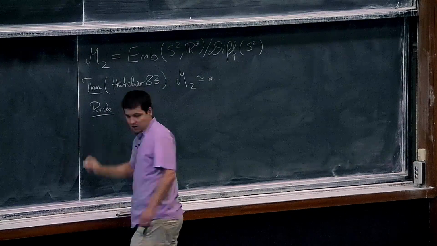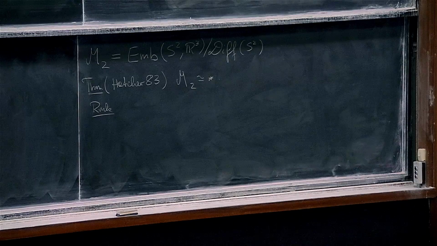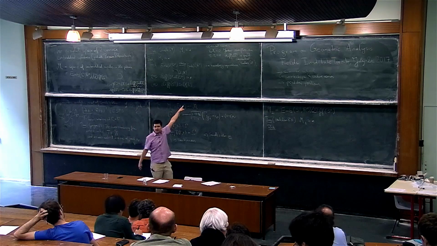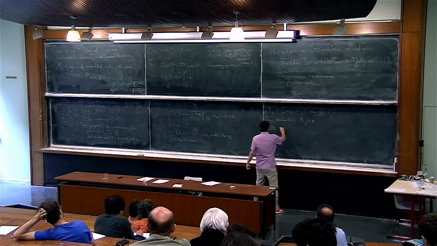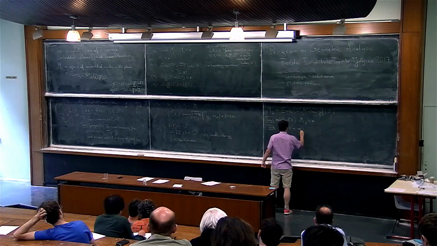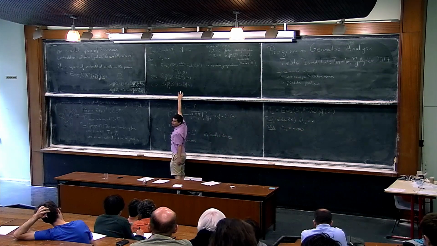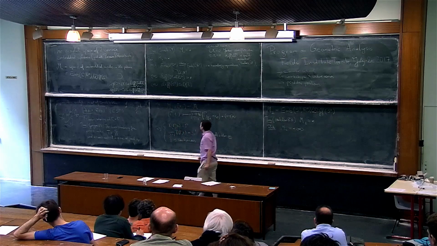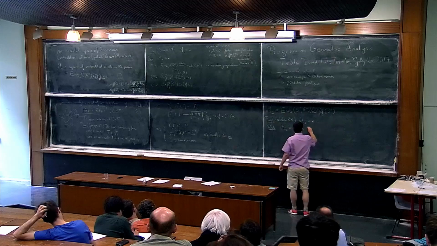And the remark is we can do the same topology exercise that we did before, just one dimension higher, to see again that M2 being contractible is equivalent to a bunch of other things, in particular equivalent to saying that Diff S3 is homotopy equivalent to O4.